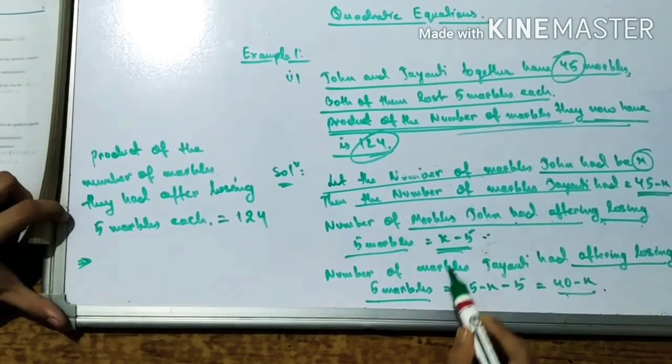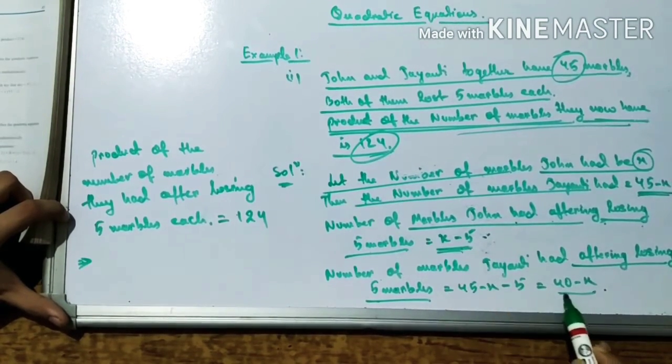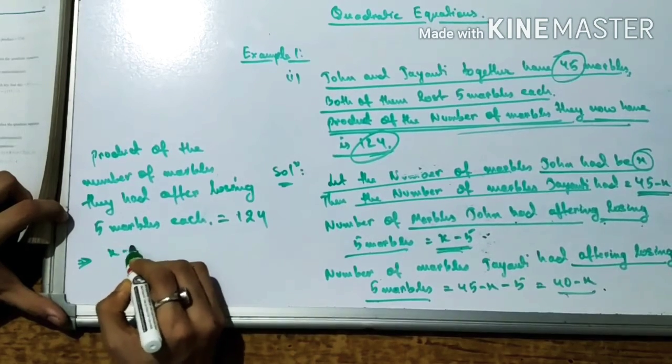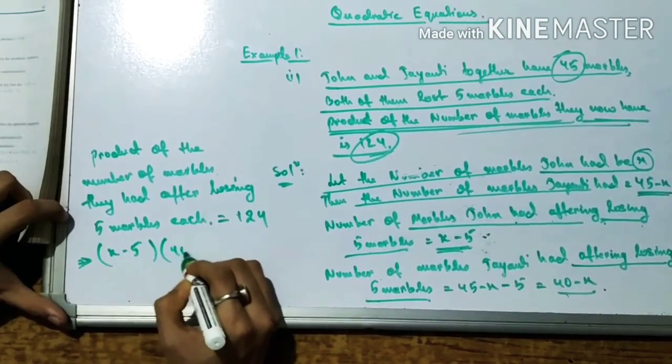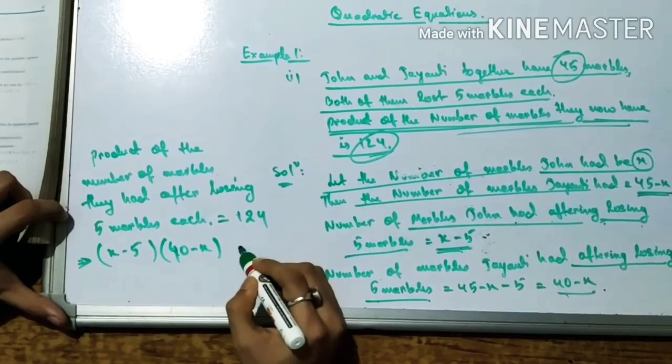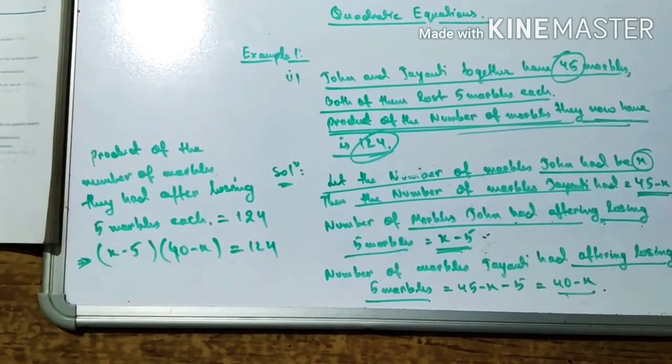So therefore I can write x minus 5 into 40 minus x equals to 124.